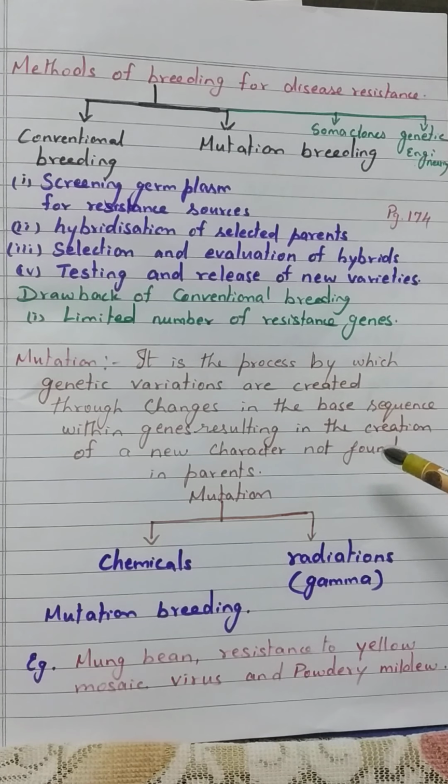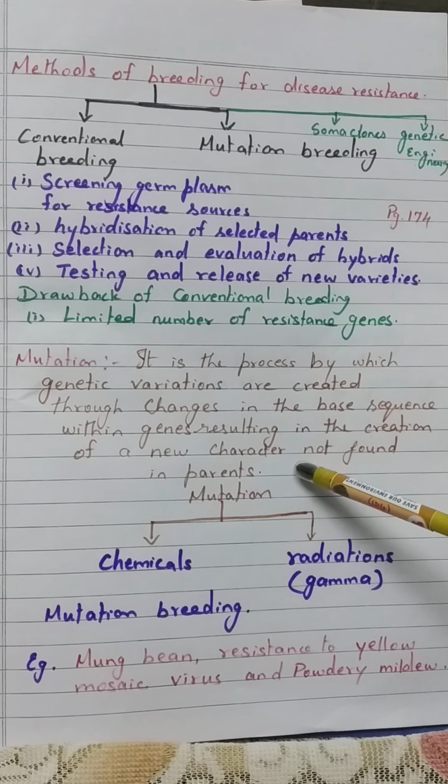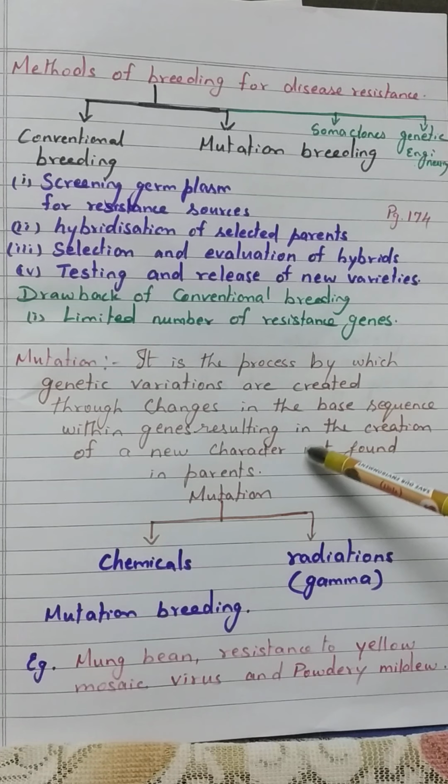The genetic material in our cells is DNA, and the DNA has many bases arranged in sequence. If we slightly change the sequence of the bases, it results in a new character that is not found in the parents.